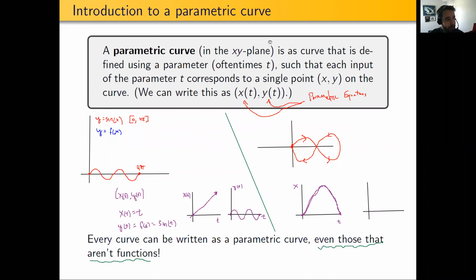For the y coordinate, we've got to do a similar thing. So we want to graph y as a function of t. And what's happening here? Well, at time 0, my y value starts at 0, but then it's going to increase, decrease, and go negative, increase again, decrease again, and then eventually stop at 0.